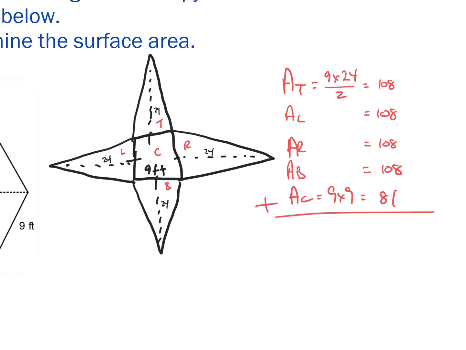And if we add those together, we get, I believe, 513 square feet. Please correct me, though, if I mess that up. So that's the surface area of that pyramid. Okay?